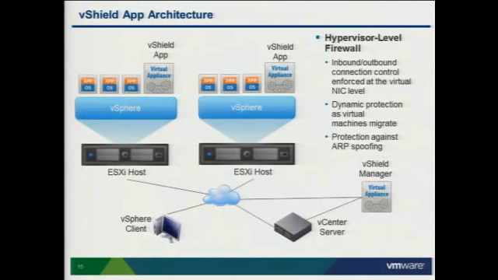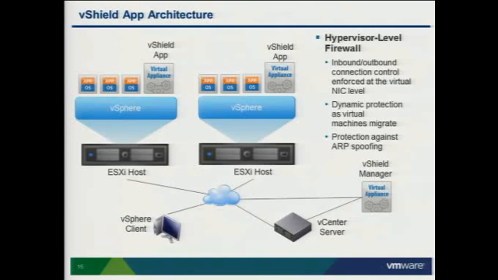But the really nice thing about that is, say I set a policy for this one virtual machine that says only addresses from a certain range are allowed to access this virtual machine using this protocol. If I'm using dynamic resource scheduling or vMotion and I move that virtual machine to another ESX server that also has vShield App installed, the policies follow it.